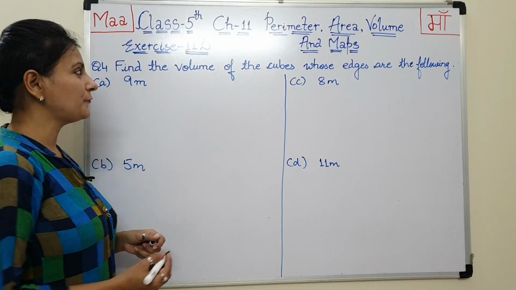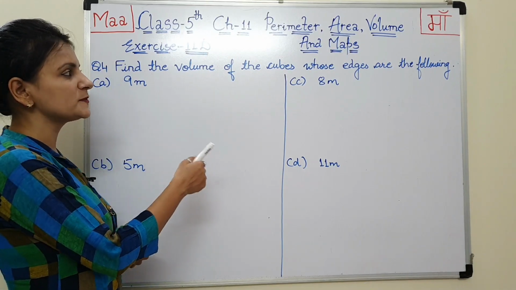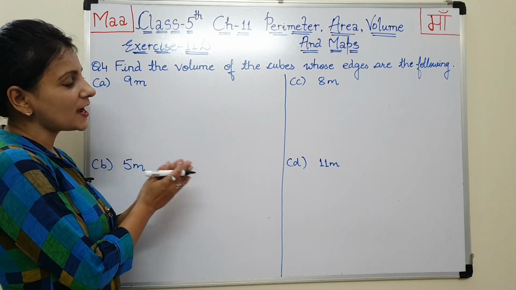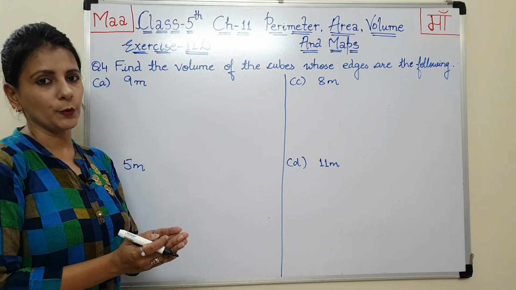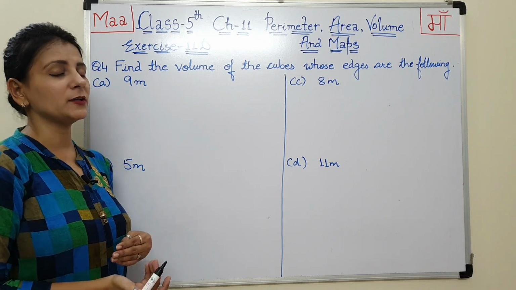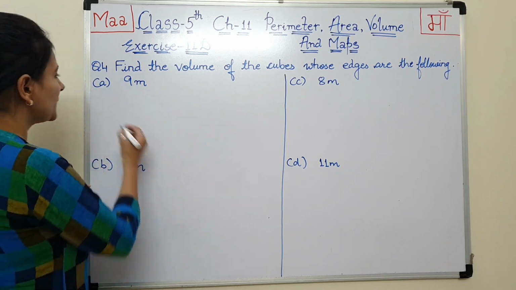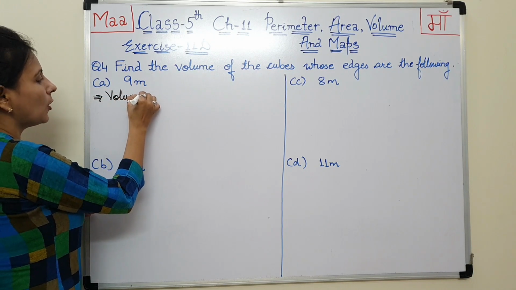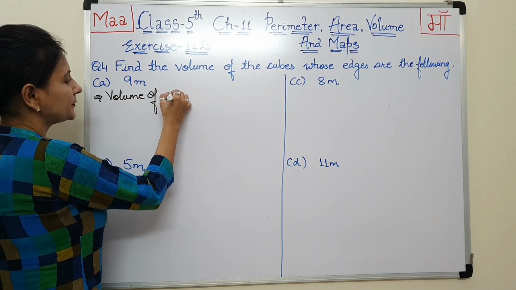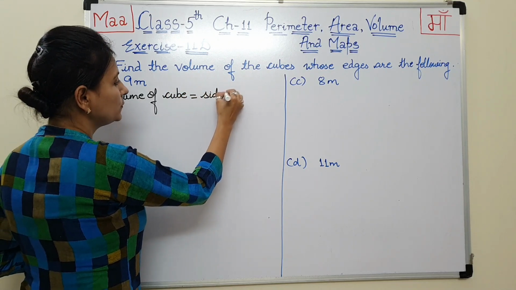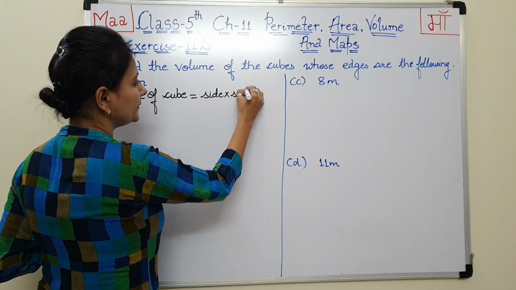Okay. Now question number 4 is: find the volume of the cubes whose edges are the following. Now these are the edges of cube. So only one side will be available there and we have to find the volume of cube. So simply here also we have to put the formula. So the volume of cube, as I told you, the formula here will be side into side into side.